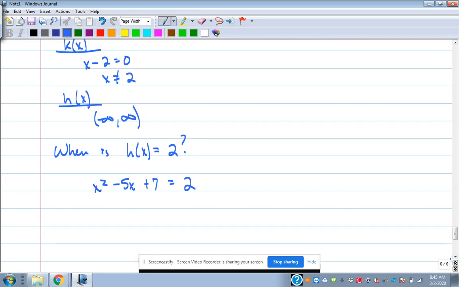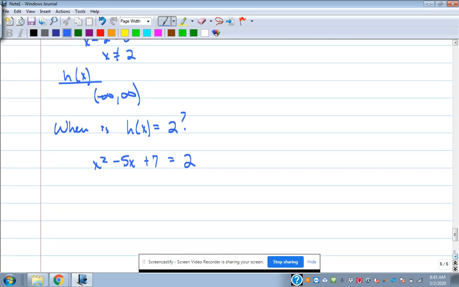How do we solve that? Subtract 2, get it equal to 0. That opens up using factoring if possible. Is there anything that multiplies to be 5 and adds to be negative 5? No. So can I solve this? How? Quadratic formula.